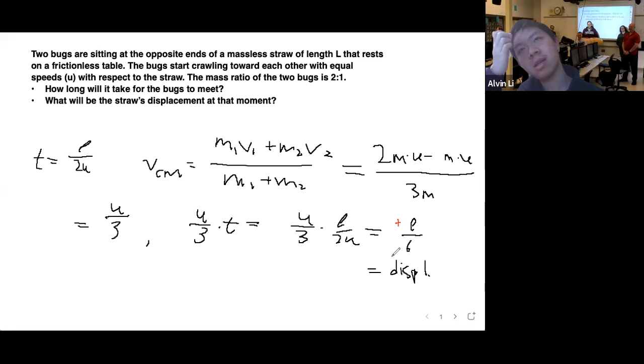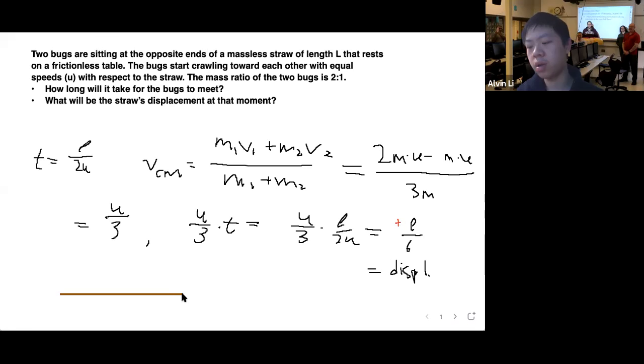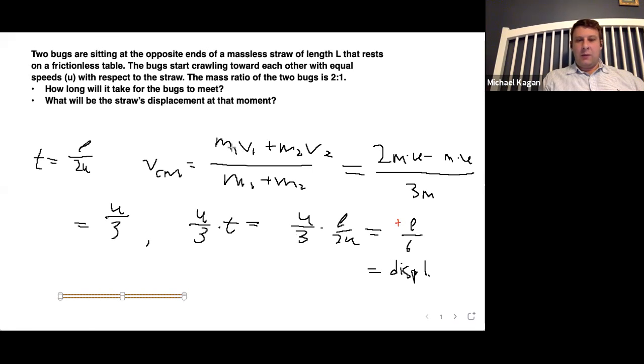But if you draw the picture, actually, which way does the straw move? To the left. So I see that you assume that the heavier bug is on the left. So then the straw must move to the left. According to you, it's moved to the right. If you just take it naively, I guess, this answer is a positive displacement.